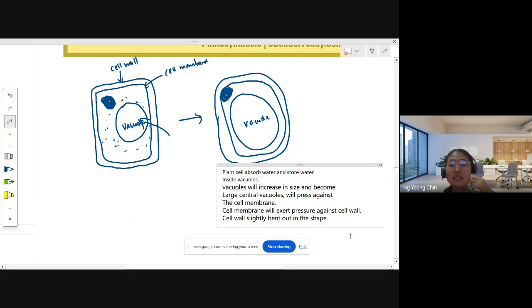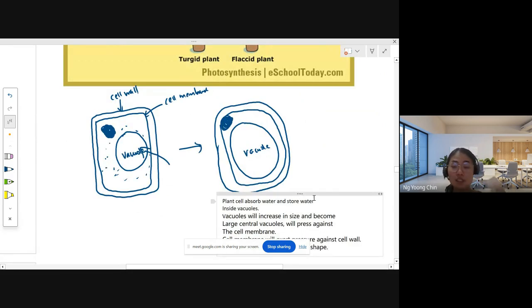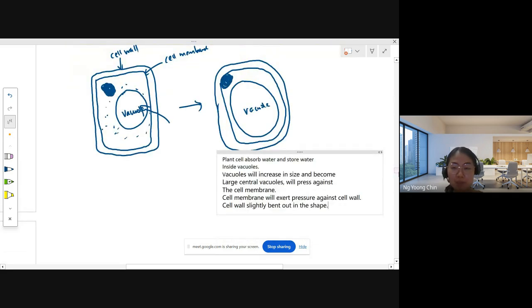Yeah. So this is the description you can write when you see the plant cell in this way. This plant cell has a name. They call it a turgid plant cell. It is turgid because there is a lot of turgor pressure inside the plant cell.